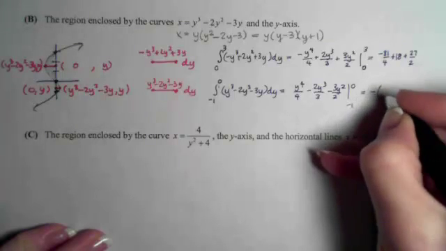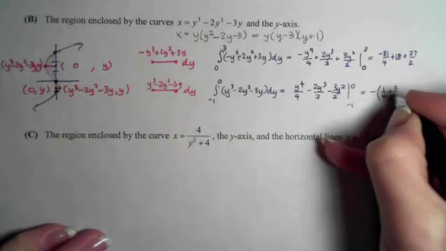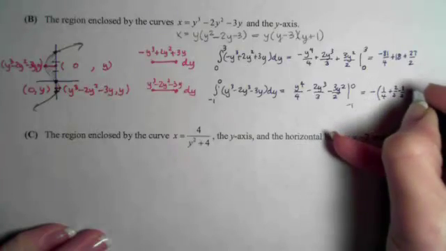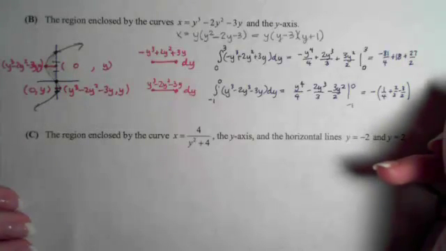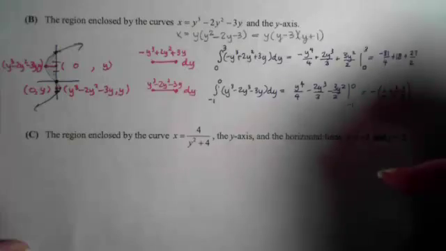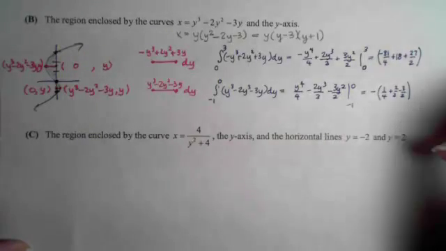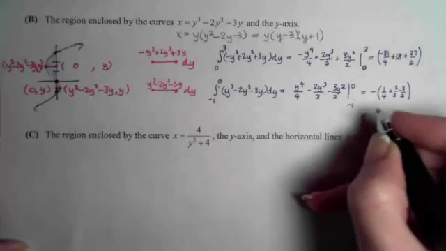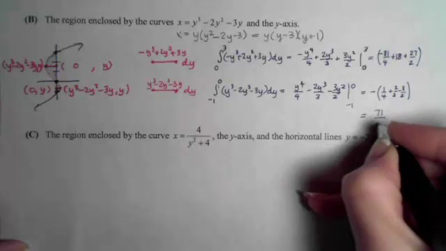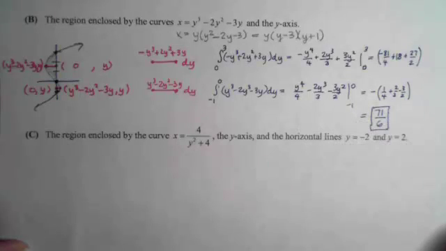So with the -1 plugged in, I get 1/4 plus 2/3 minus 3/2. So if I get a common denominator on all of these, it looks like I'm going to need a 12, maybe. So if I put that all together, I will let you crunch through the arithmetic, and I don't think on the test that the arithmetic is quite as horrific. We'll end up with 71/6.